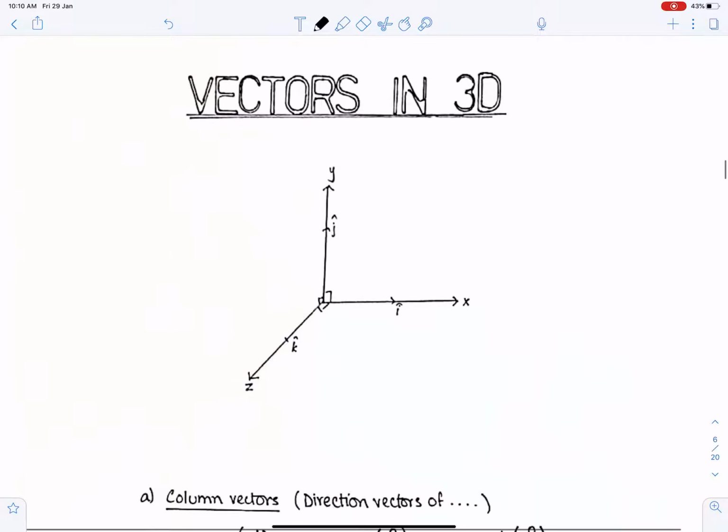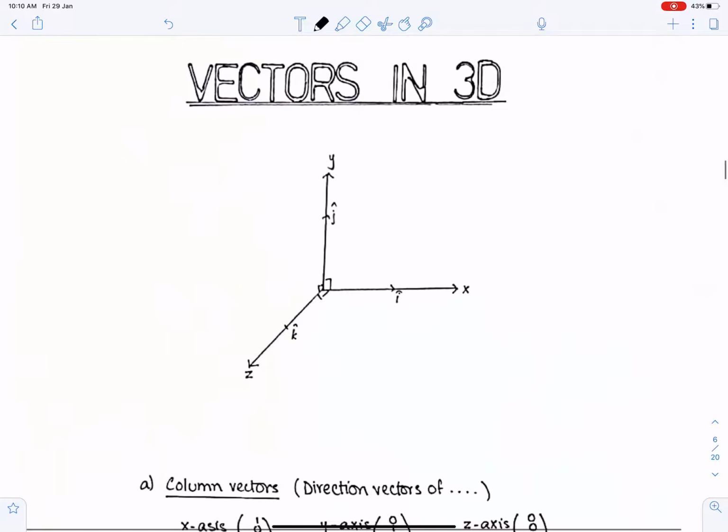Now, let's start vectors in 3 dimensions. This is the x direction, x-axis, and the unit vector of the x-axis is i cap. This is the unit vector of the y-axis, and this is the unit vector of the z-axis, k cap. Let's suppose this is i.